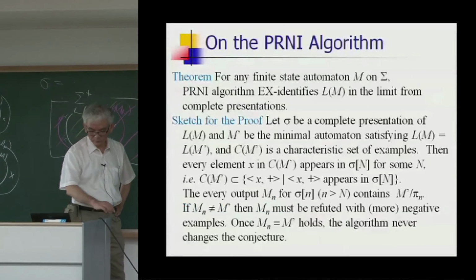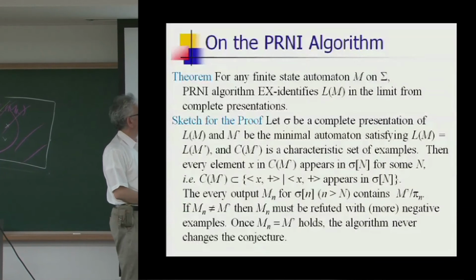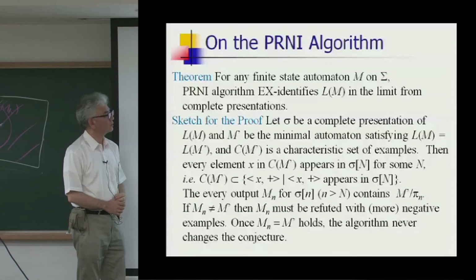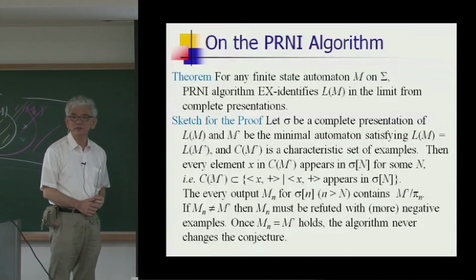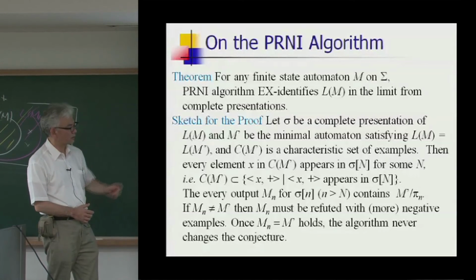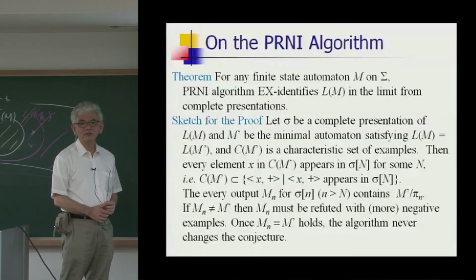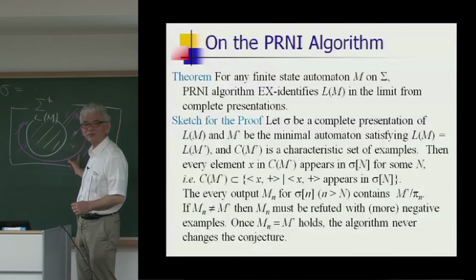Then, for any finite state automaton M over sigma, the pruning algorithm EX identifies L(M) in the limit from complete representation. The sketch is written down here, but a very rough explanation like this is maybe enough.